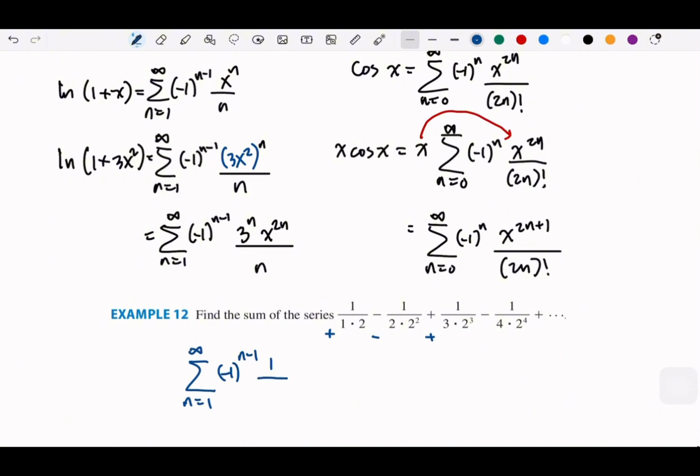This will be 1 over n, and then the second part is 2 with power of 2, with power of 3, 4, etc. Or we can say this is 2 with power of n. Right?